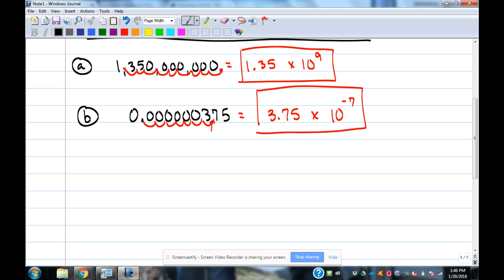So we're starting at 0.000000375 times 10 to the 0, and I moved it 7 places to the right. That's -7. Okay. So if I move left, I'm adding. If I move right, I'm subtracting, when I'm taking a number from not scientific notation into scientific notation.